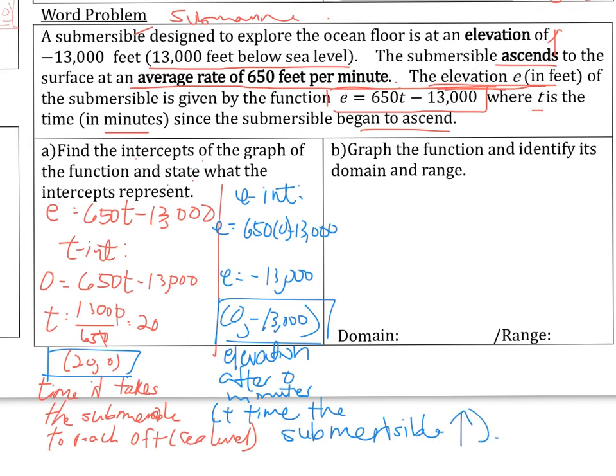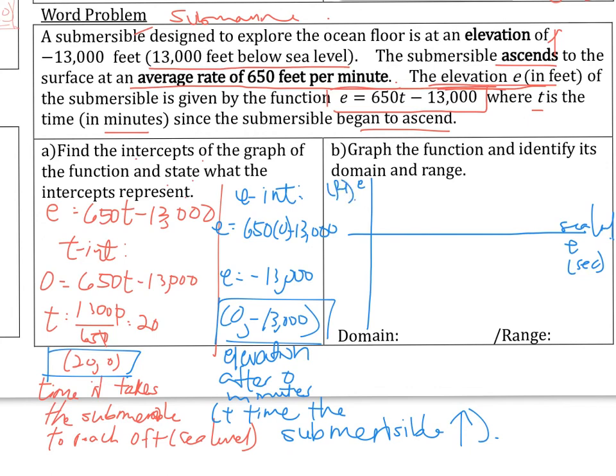Okay, part B, graph the function and identify its domain and range. Okay, so I'm going to draw my x and y axis. I'm going to label the x-axis t for seconds. This will be the sea level. And then the y-axis will be E in feet.